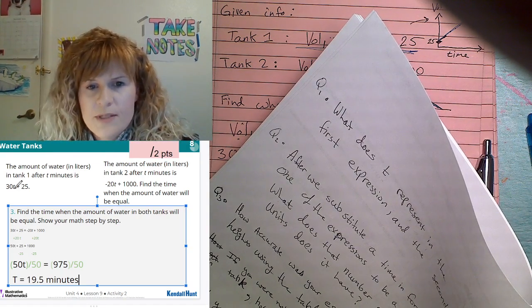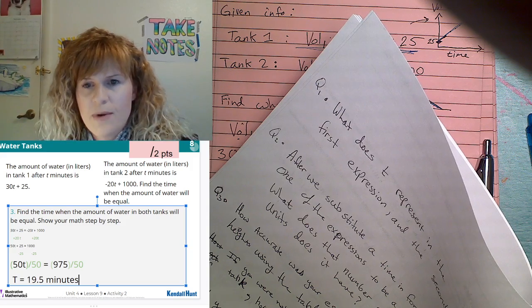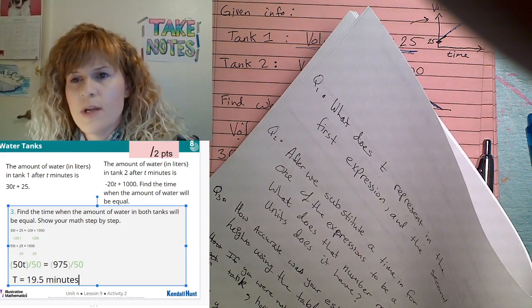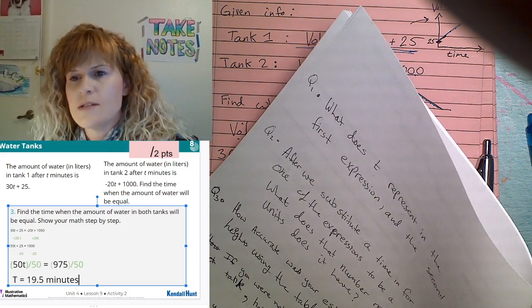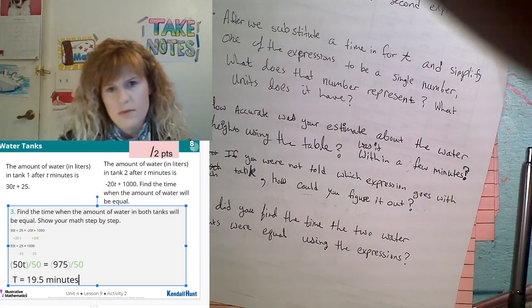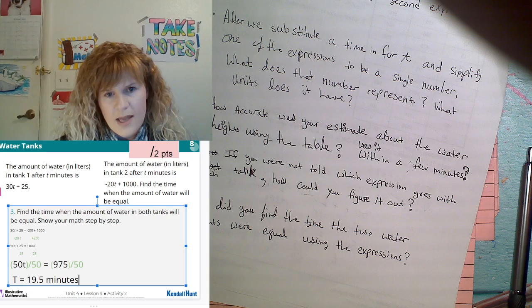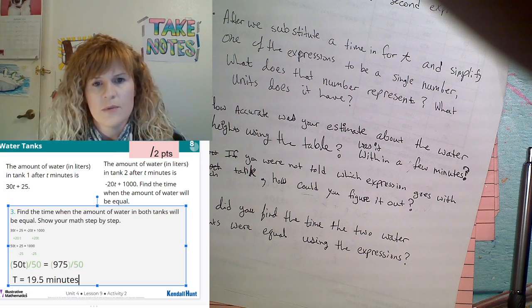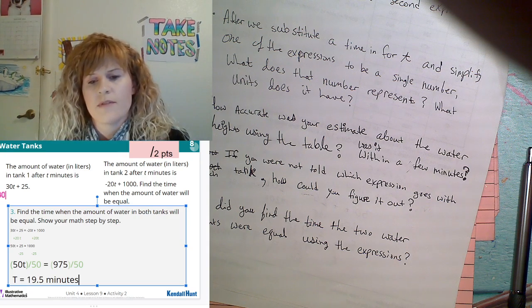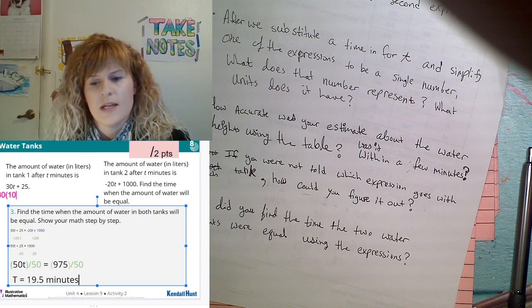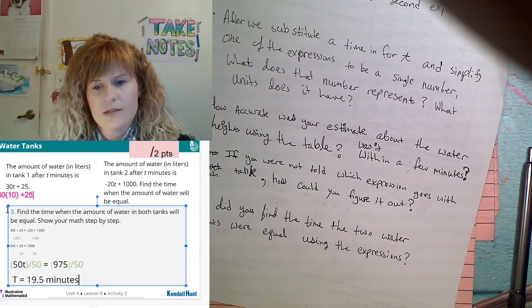So if you substitute in a time for t right here and then solve the equation, what does your answer represent? Let me do that here in pink. Let's say we substitute in t equals 10 minutes. Then you'd have 30 times 10 plus 25. What does your answer represent?